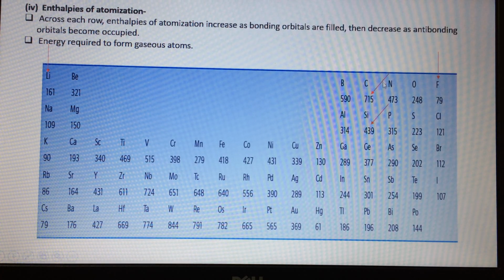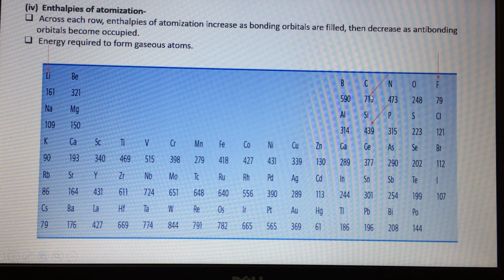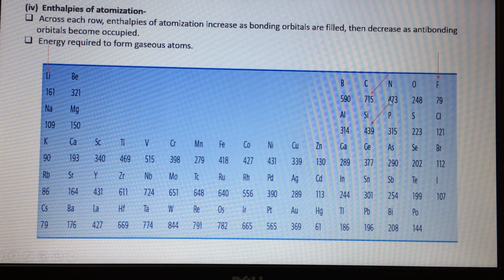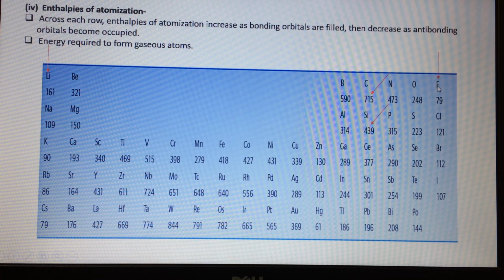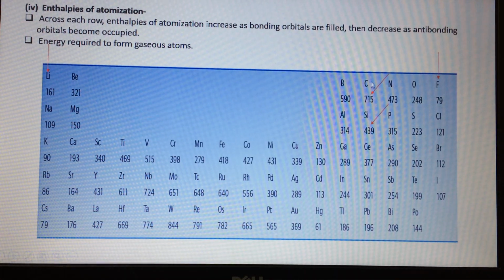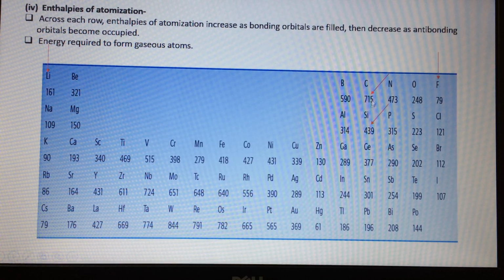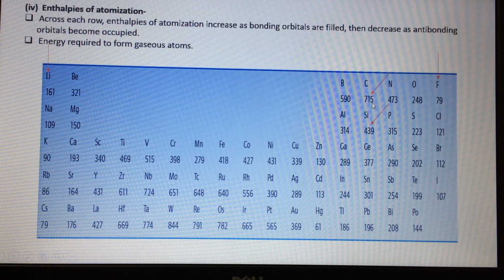And here how many electrons do we need? Sorry, here 4 electrons are needed, here 3 electrons, here 2 electrons, here 1 electron to fulfill its orbitals to form the gaseous form. That's why more electrons are needed here to form gaseous atoms, and it needs more enthalpy of energy.